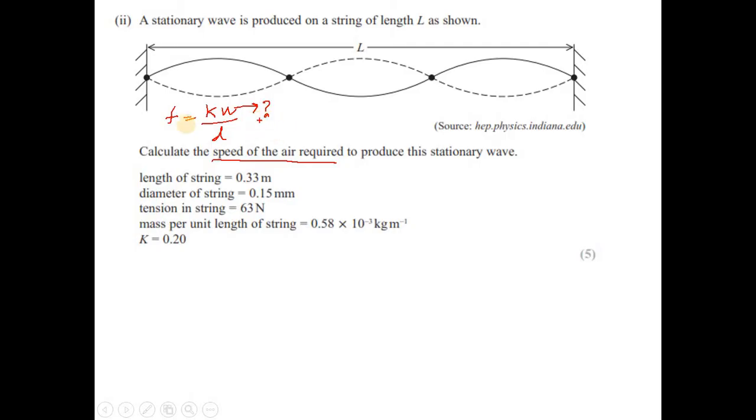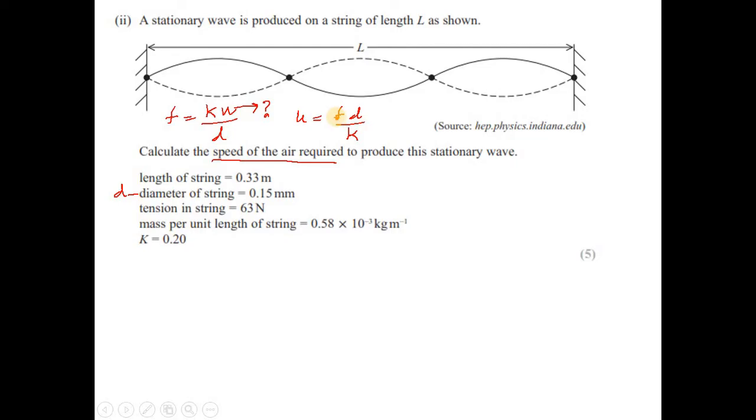So if you rearrange this equation for u, or make u the subject, u would be equal to f into d divided by k. And now if you see your data, d is given, this is d in millimeter, and the value of k is also given, 0.2, but you don't have the value of frequency.